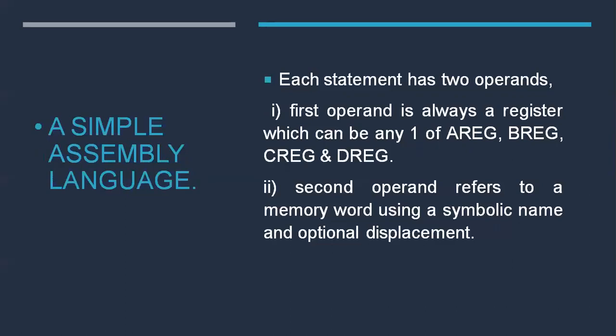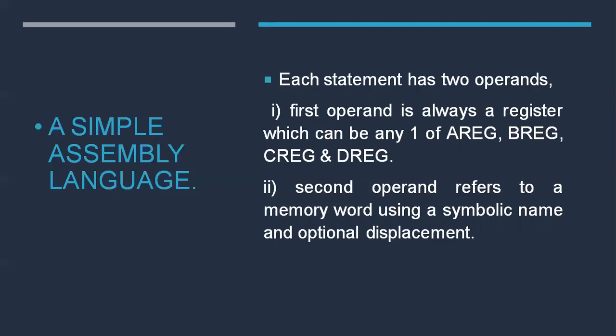In the simple language, each statement has 2 operands. The first operand is always a register, where any one of the following is taken: A register, B register, C register, or D register. So each statement has 2 operands, and the first operand is compulsorily a register. Now keep this in mind.